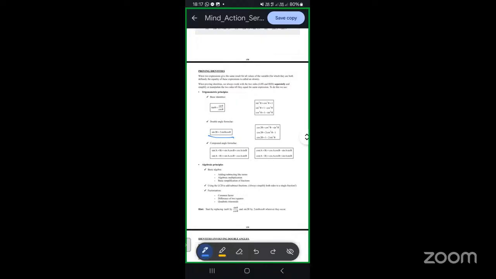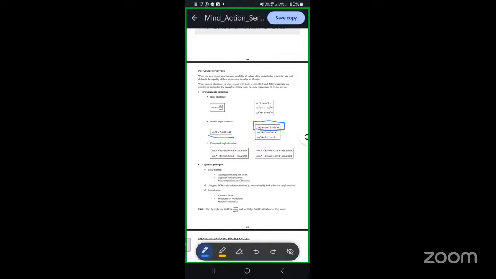Yes, sir. Oh, yes. So we also have this one for cos here. The main one is this one, whereby cos 2 theta is equal to cos squared theta minus sine squared theta.